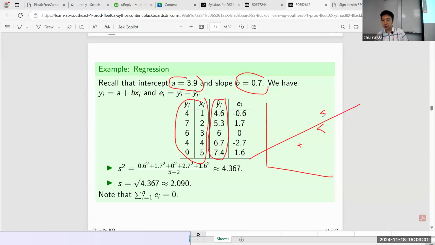E will be the vertical distance. That's how you calculate E: you subtract this from this. And you take the sample variance, you get S squared, and take the square root to get S. And the average of E is 0. So that's how we calculate, and you work on it in your assignment. We ask you to do the same operation: given the data, you do it.